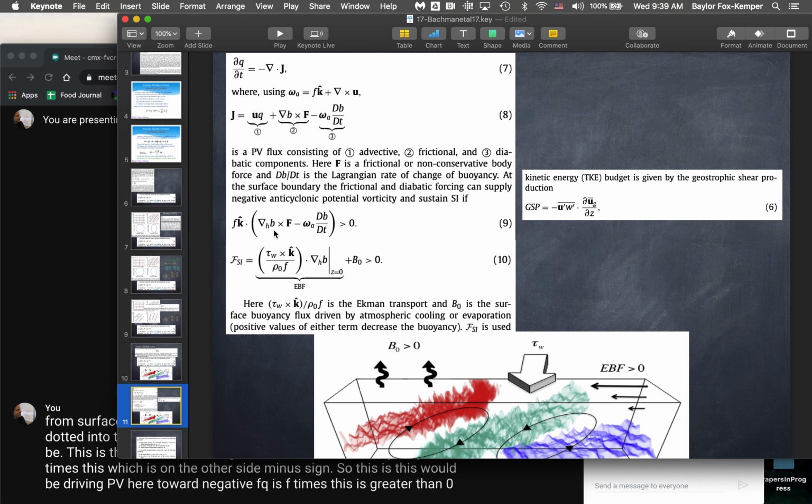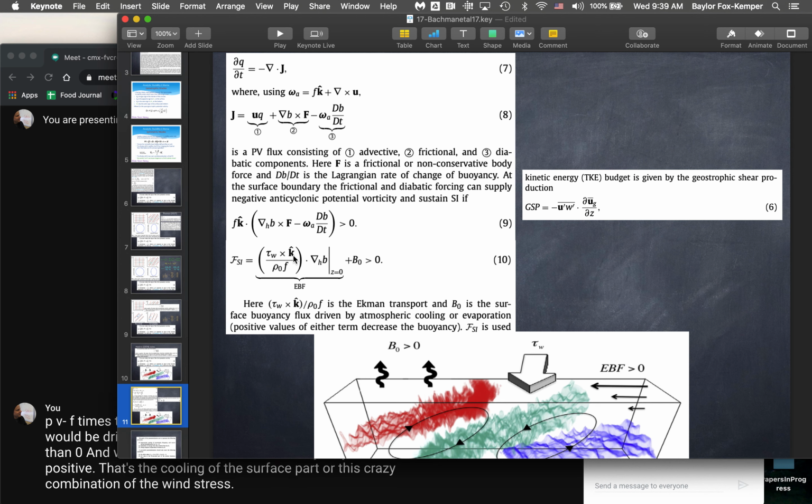And what that means is either the buoyancy forcing here is positive, that's the cooling of the surface part, or this crazy combination of the wind stress crossed with the vertical direction, dotted into the horizontal buoyancy gradient. That's complicated, but what it means is that your winds are oriented down your geostrophic front. Down front winds tend to make this term positive. So these two terms together will tend to drive toward negative, or anticyclonic, I should say, make F times Q be negative. That's the symmetric instability criterion.